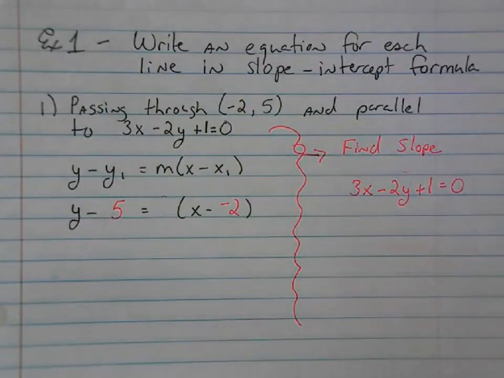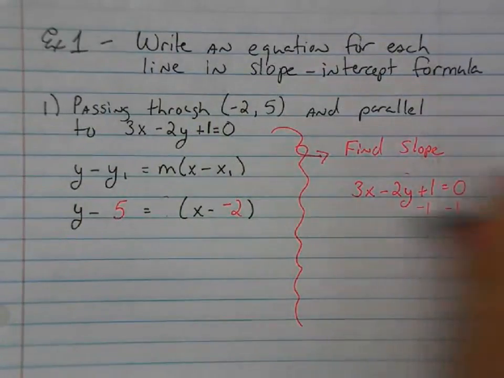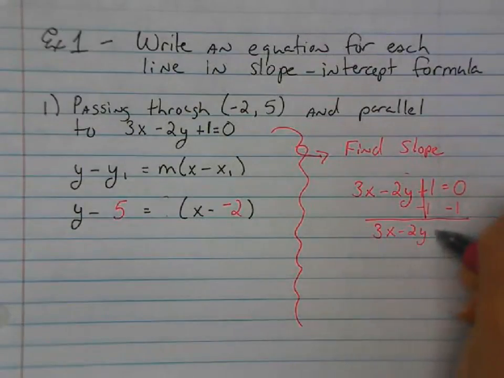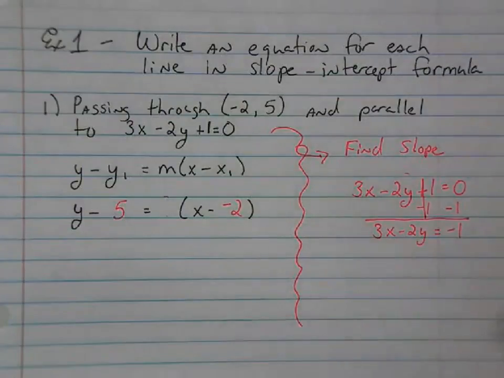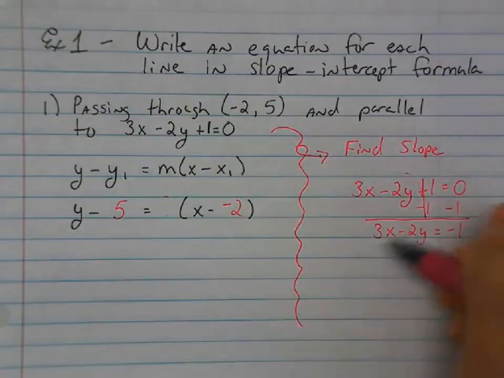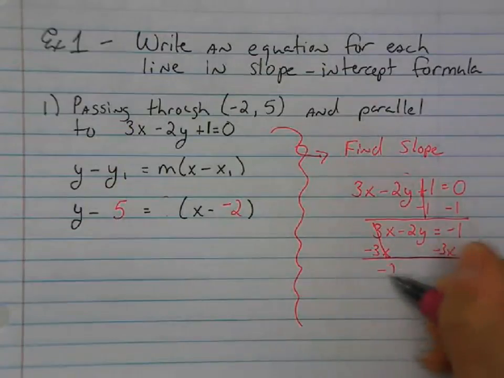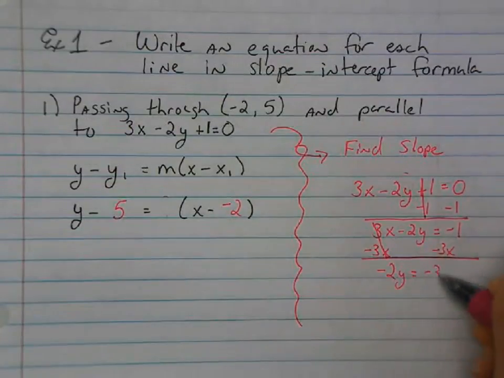First thing, I'm going to subtract 1. And again, I'm going to show you all the steps. Feel free, though, I know a lot of you are at a point where you don't need to, but I'd like to show you the steps in the notes. Now I need to move the 3x over, so I subtract 3x from both sides. So now I get -2y = -3x - 1.